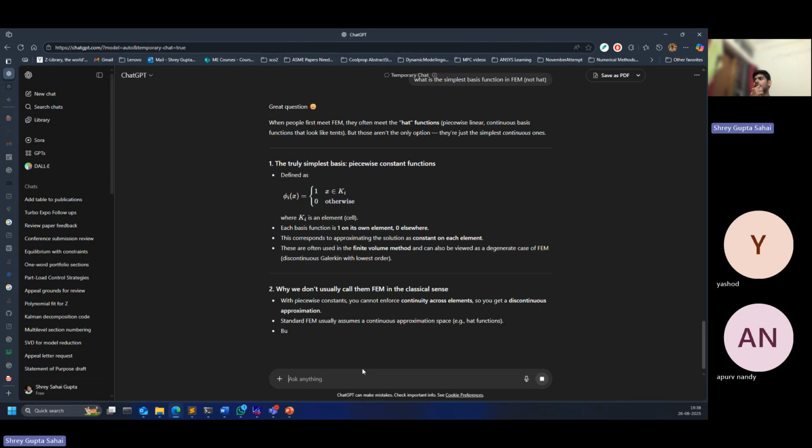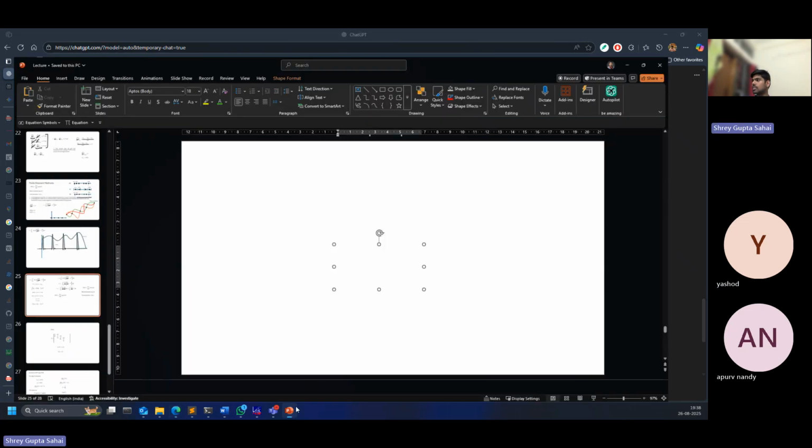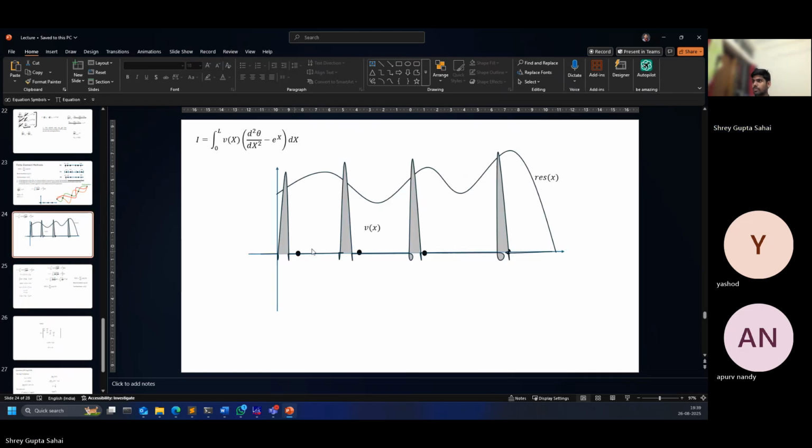Yeah, this can be my basis function: simplistic piecewise constant functions. So the simplest basis function could look like this.